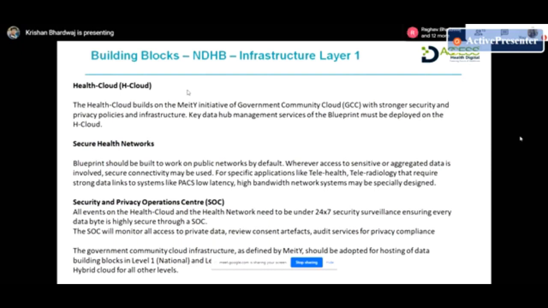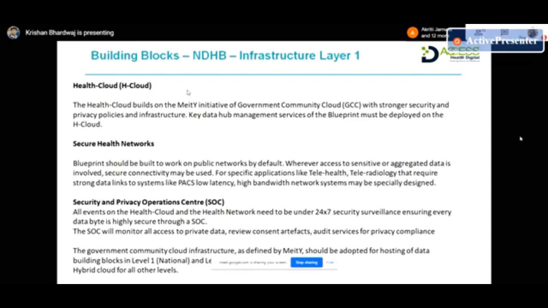A lot of interaction across the clouds is happening, so you need a lot of cloud security, and whatever events related to the cloud and network happen need 24/7 secure monitoring. So they are suggesting a very robust surveillance mechanism to detect each and every data byte transmission.